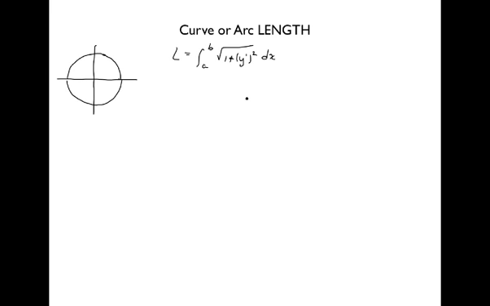Okay, so what are we going to need? If we need y prime, what are we going to need to get y prime? Yeah, exactly. We need the function of the circle, y equals what? We want this to be for any circle, right?